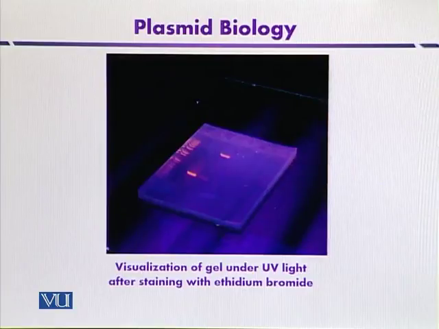This diagram indicates the intercalation of ethidium bromide, and the DNA fragments are visible in the form of orange bands, and this is the ladder that is being run on the gel. This is visualization of the gel under UV light that is stained with ethidium bromide.